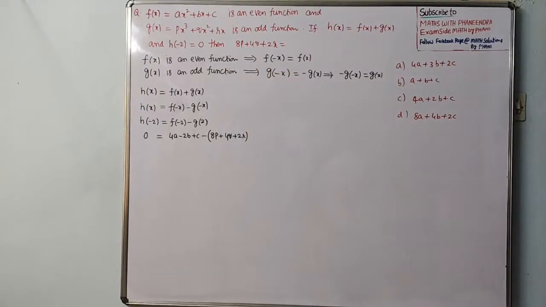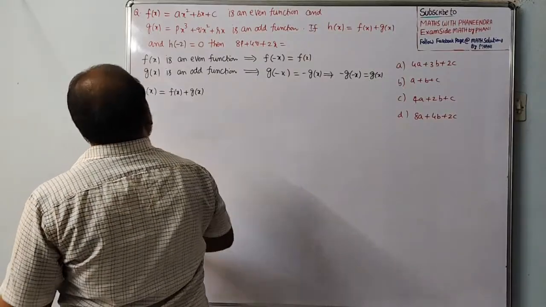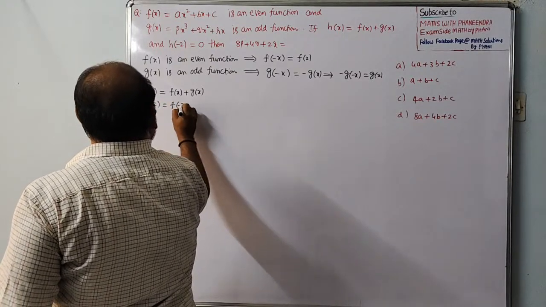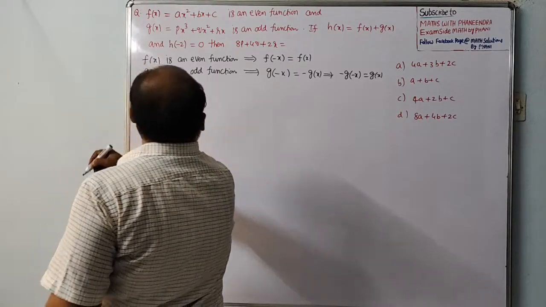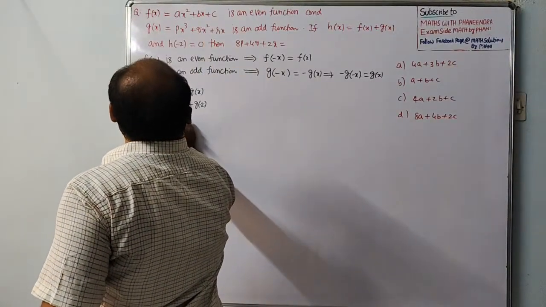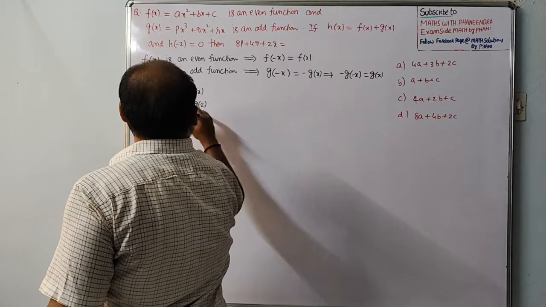One minute, dear students. Here we can get it from h of minus 2. x is equal to minus 2, substitute in f of minus 2: 4a minus 2b plus c, plus g of minus 2.